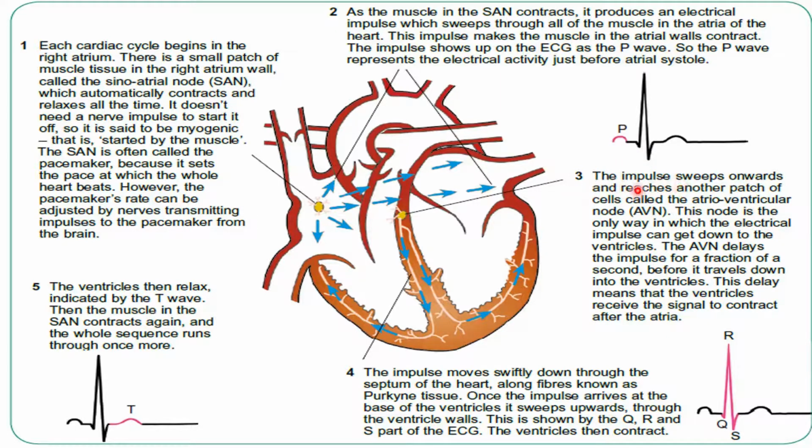Then the impulse sweeps onwards and reaches another patch of cells called the atrioventricular node, right here. This node is the only way in which the electrical impulse can get down to the ventricles, because the sinoatrial node sends the impulse to the atria only. The atrioventricular node delays the impulse for a fraction of a second before it travels down the ventricles.